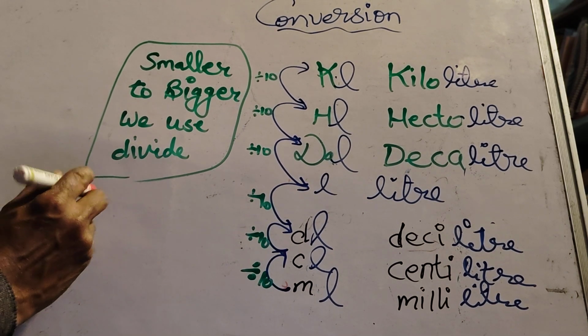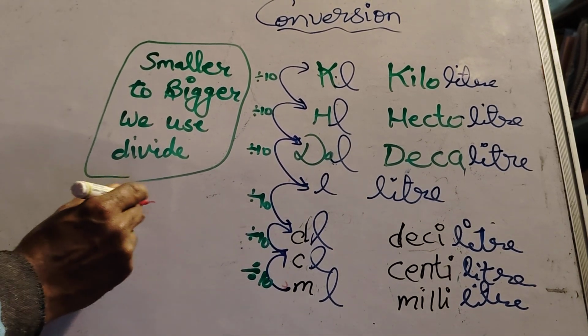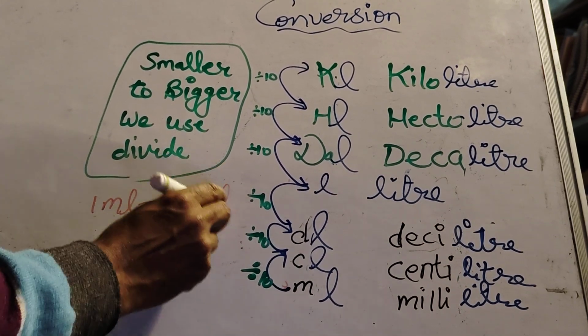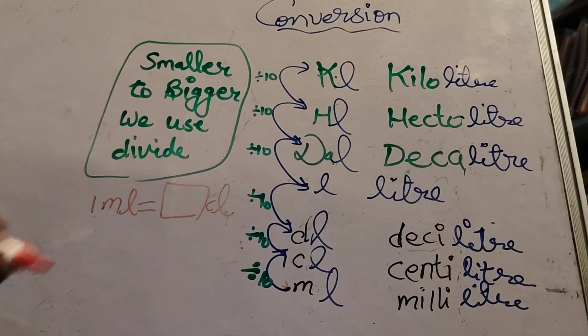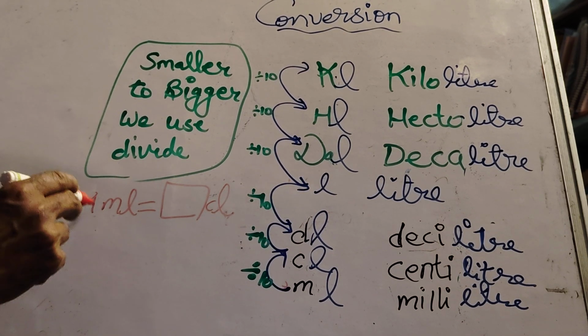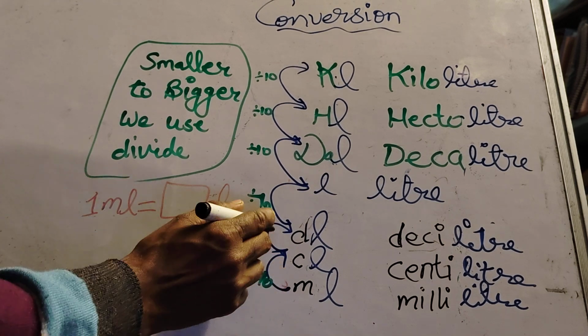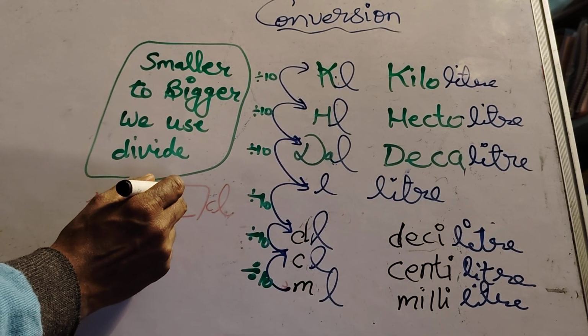The question is like this: 1 milliliter equal to how many centiliter?